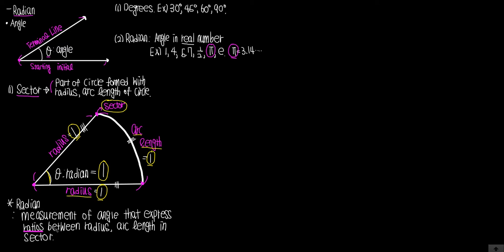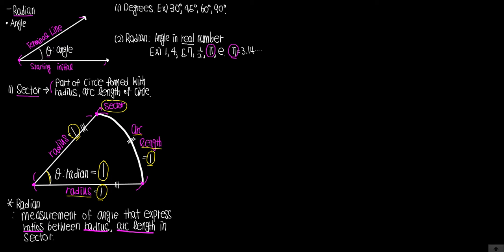The radian expresses the ratio between the radius of our sector, which is half of the diameter, and the arc length in our sector. And this is the definition of the radian.